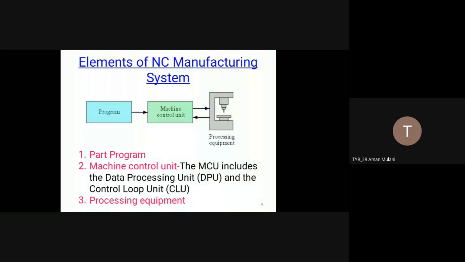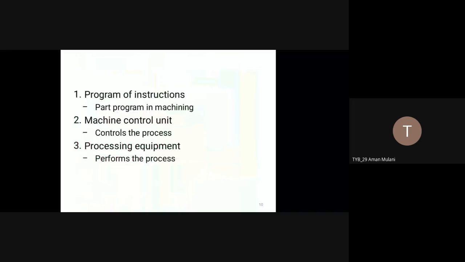Once we get the input from the program, we decode that instruction from the program, and we process that data in the MCU. And again, whatever the processing, we directly take the output from the MCU as an input to the machine drives, and we continue with the manufacturing.